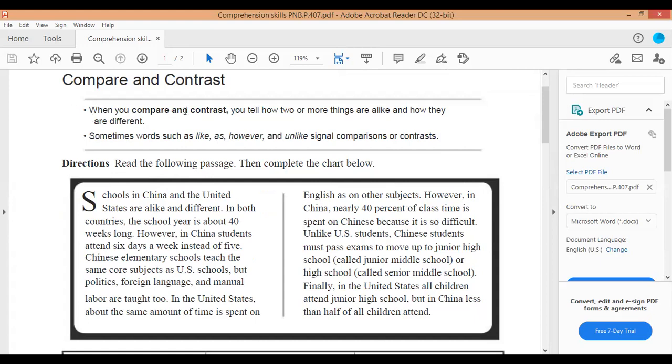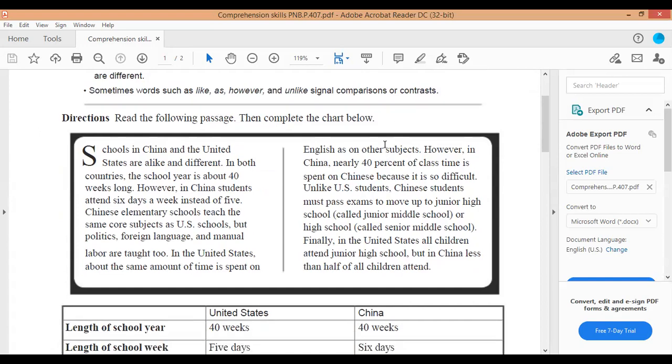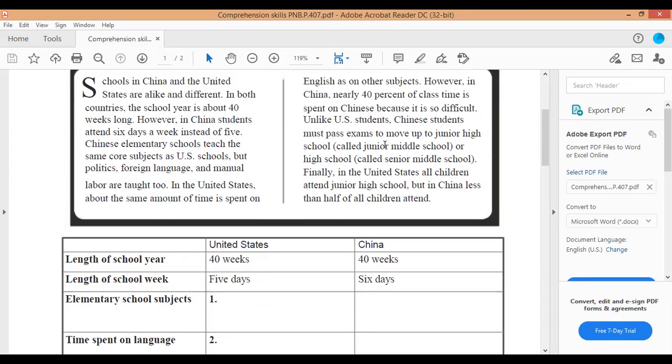When you compare and contrast, you tell how two or more things are alike and how they are different. Sometimes words such as like, as, however, and unlike signal comparisons or contrasts. Read the following passage, then complete the chart here. Let's read together.